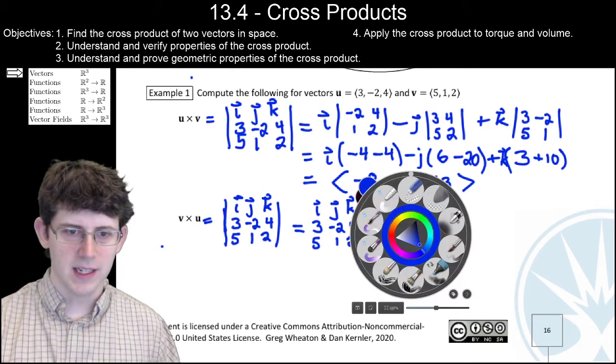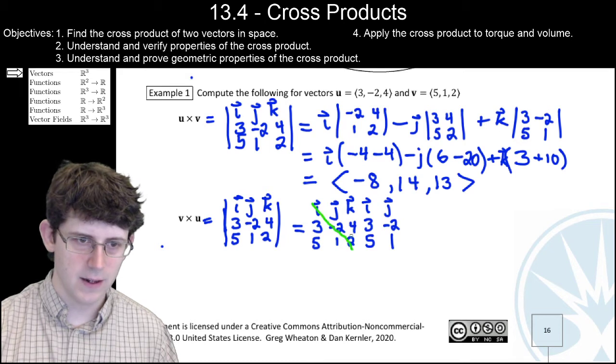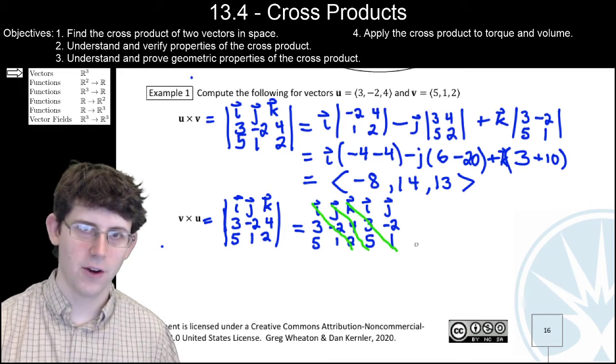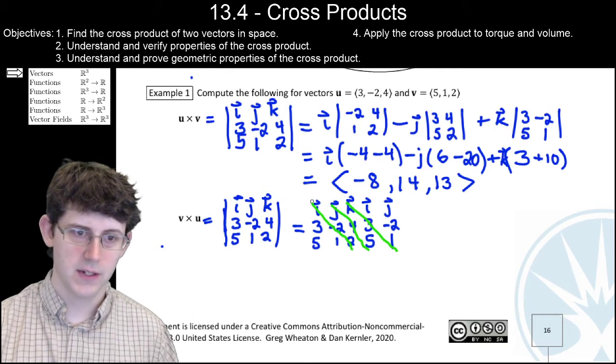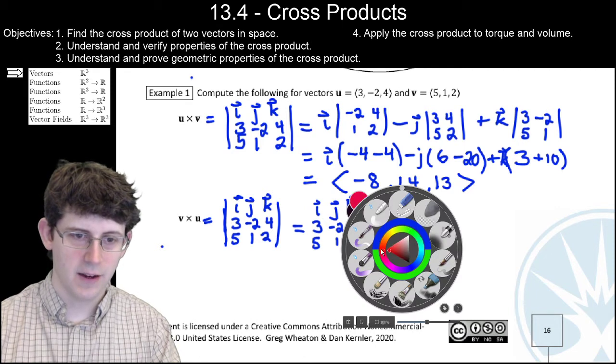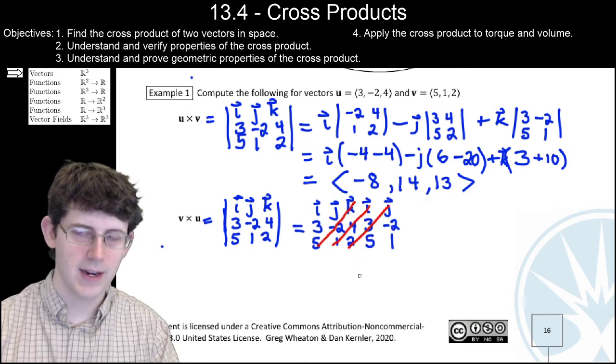And then what do you do with this? Well, you find all of the diagonals. The diagonals that go forward count positive, and the diagonals that go backward count negative.